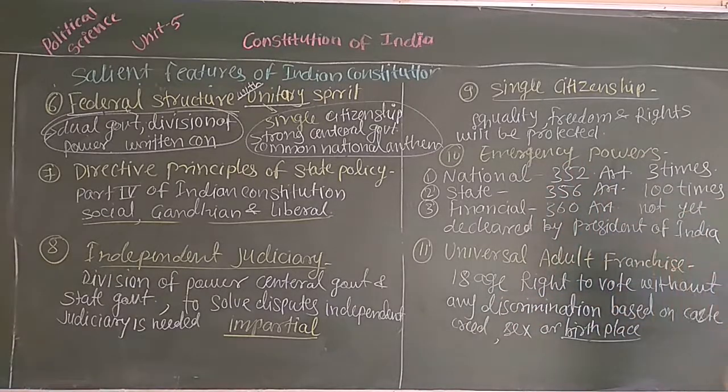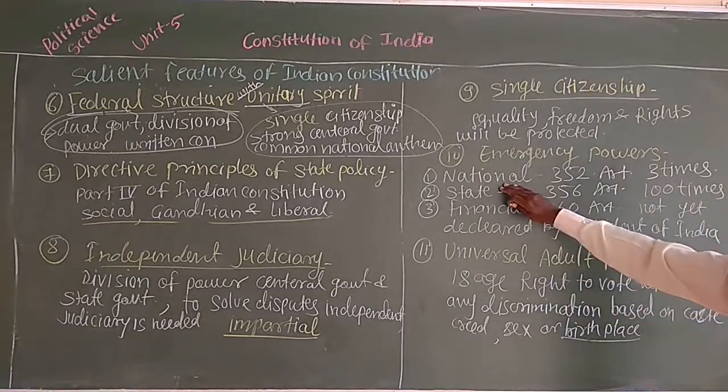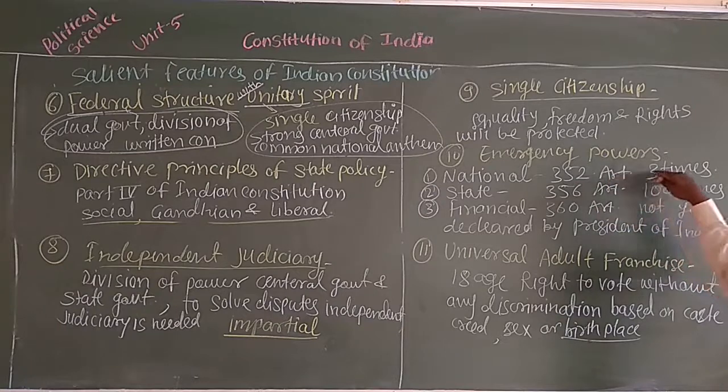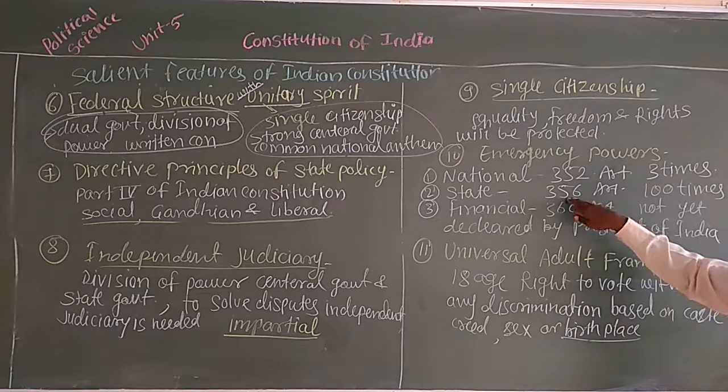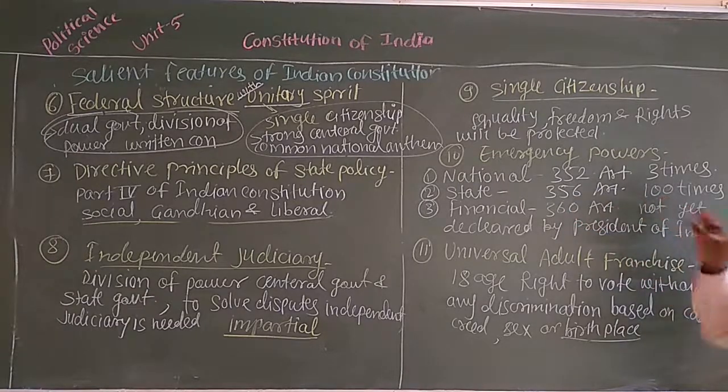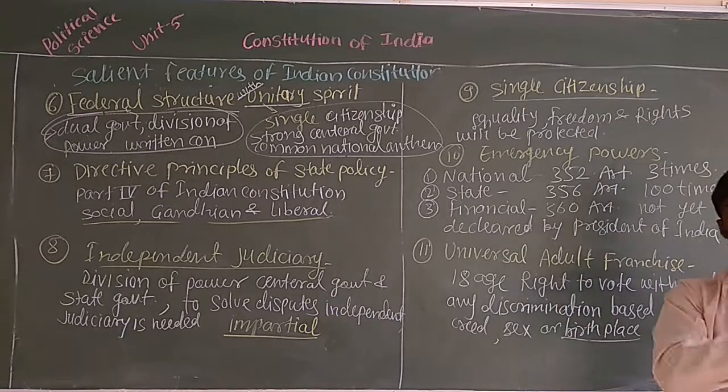Then there are 3 emergency powers which can be declared by the president. First one, national emergency with the help of Article 352, and it has been introduced 3 times. State emergency as per Article 356, and this has been declared 100 times when the government is going to collapse in the state.